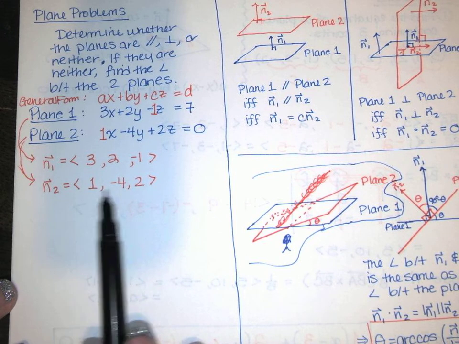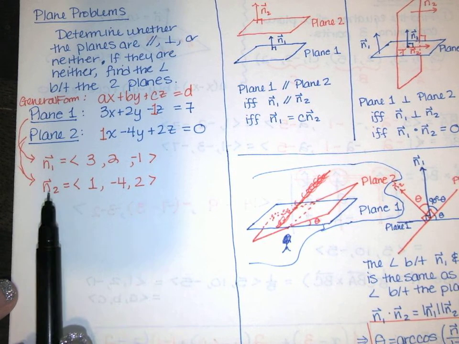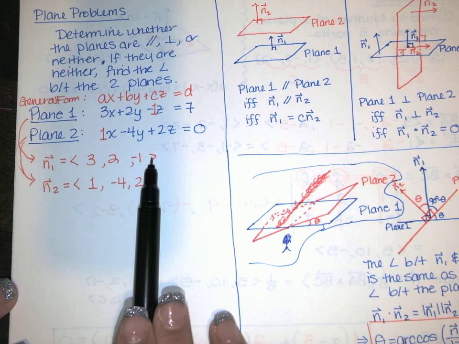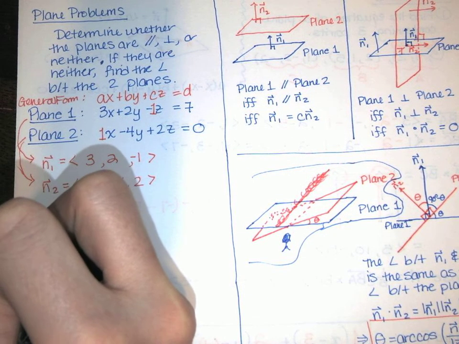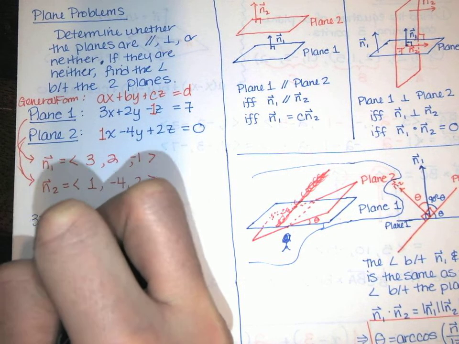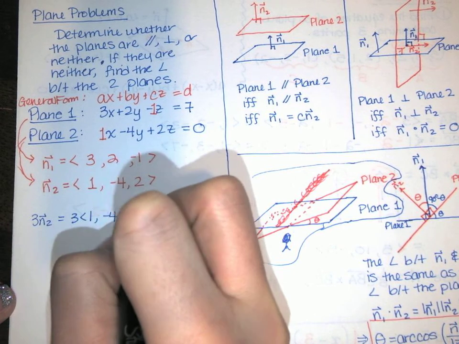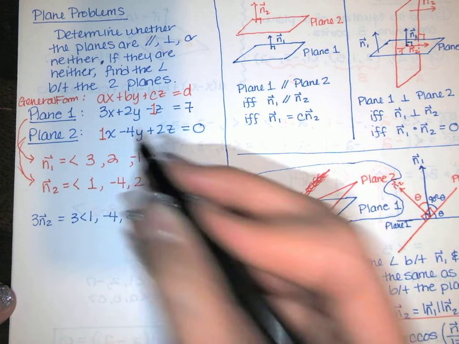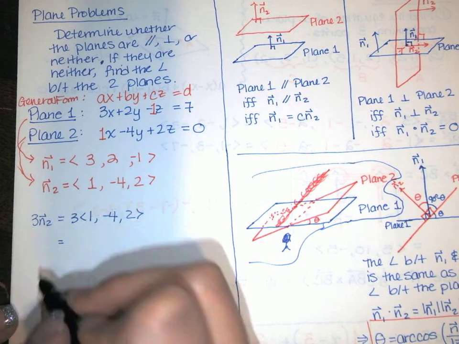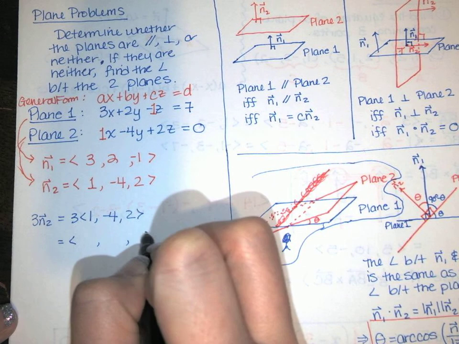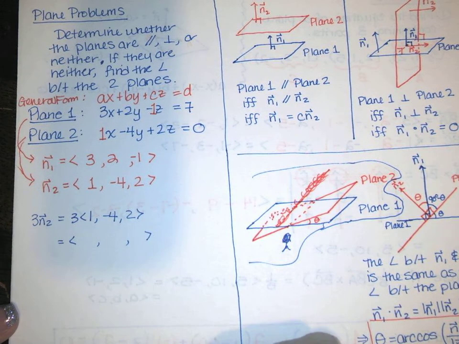So the only way these two could possibly be parallel is if this times 3 was this. So I'm just going to compute 3 times n2. You don't have to do this. If you can just look at them and say that's not a multiple of that, that's enough of an explanation for me in this class. But some students really want an algorithm. They want to know what they have to do to check.